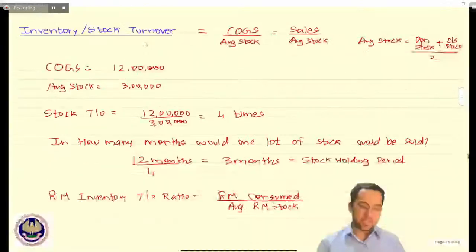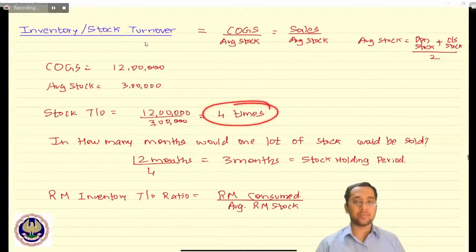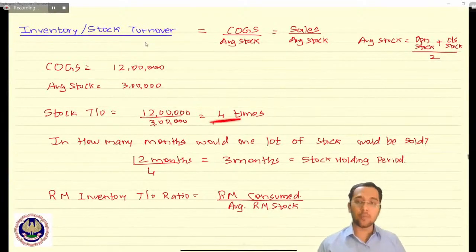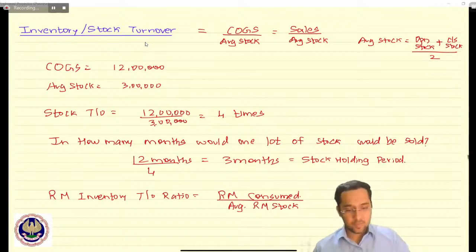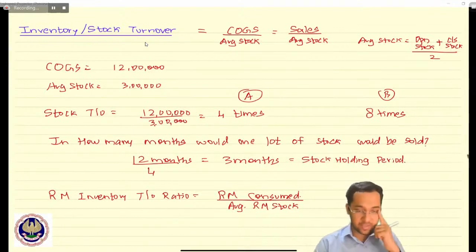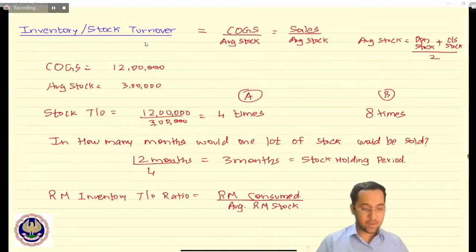If suppose in our case it was 4 times, and there is another company wherein the stock turnover is, let's say, 8 times, which company is doing business in a more active or more efficient manner?